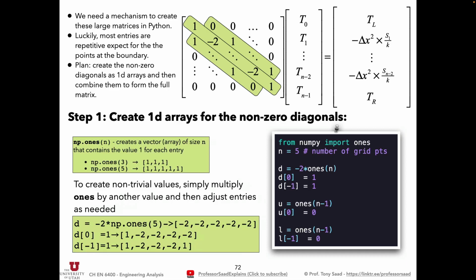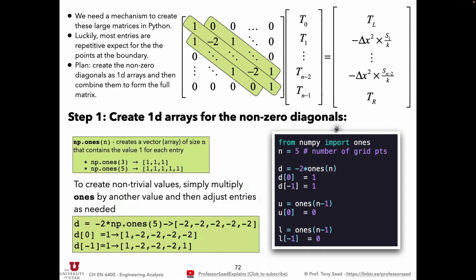Then the upper diagonal, I call it u for upper. And then it's also ones, but of size n minus 1. See how I'm scaling this? u at 0 equals 0 because the first entry on the upper diagonal is always 0, right? And then l, the lower diagonal, is also ones of size n minus 1. The last entry in the lower diagonal is always 0. So l at minus 1 is equal to 0. This works for any value of n.